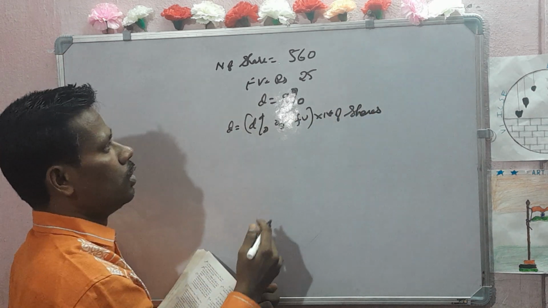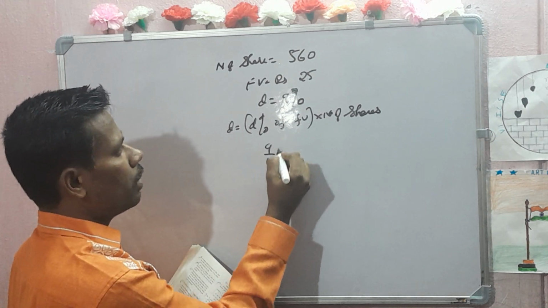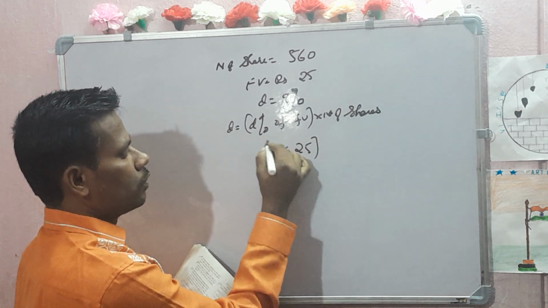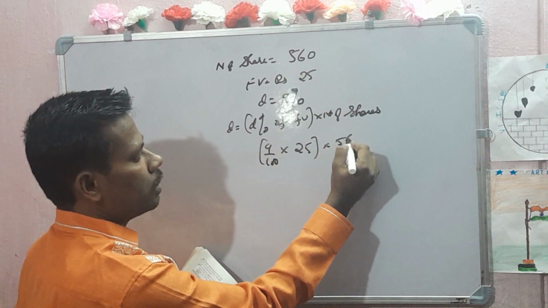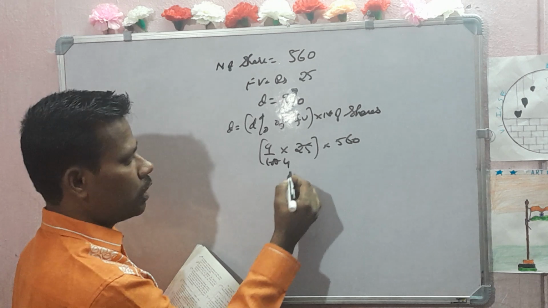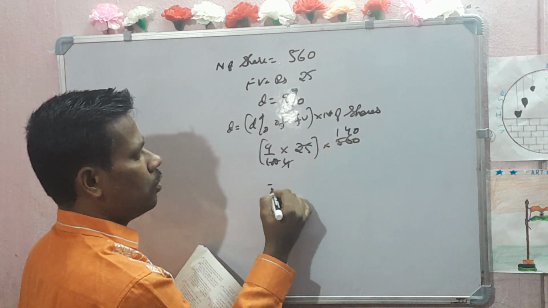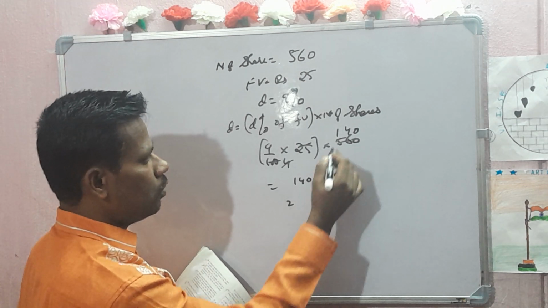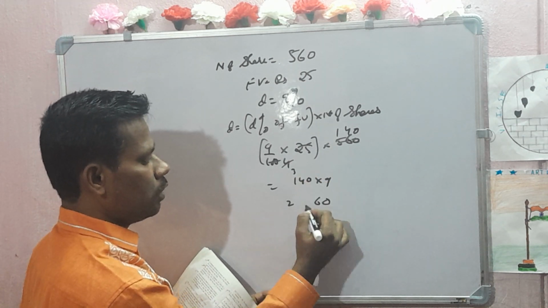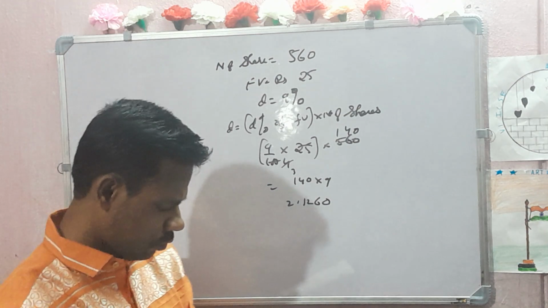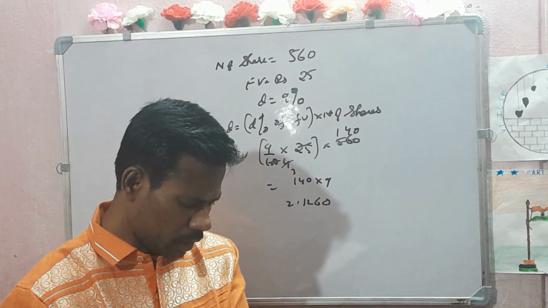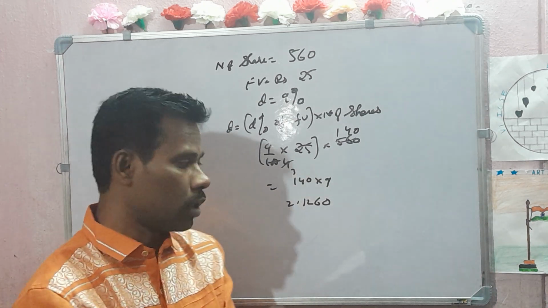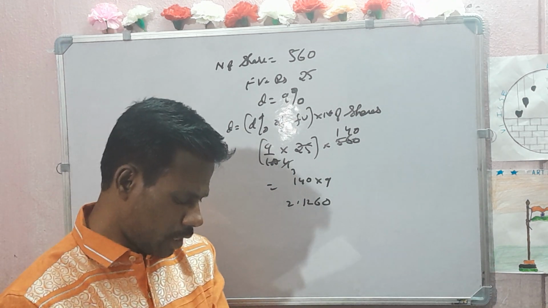So dividend is 9 by 100 into face value 25 into number of shares, already given, 560. 25 4s are 100. 140 into 9, that is 1260. That is the answer. Arun would receive rupees 1260 at the end of the year.